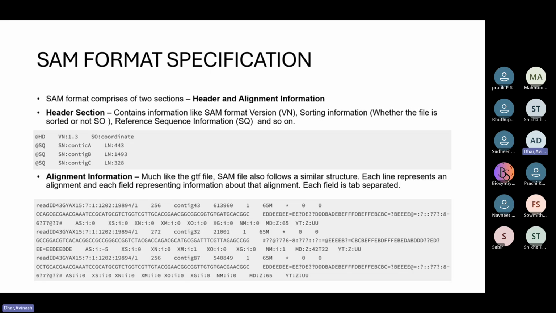What the highest value would be differs from tool to tool. We'll be using HiSat, which has a different way of grading alignments. Another popular tool called Bowtie has a different way of grading alignments. Another tool called BWA has a different way of grading alignments. Okay, is that clear?